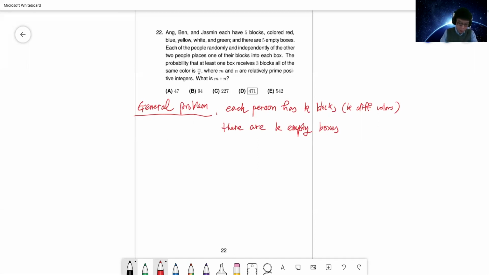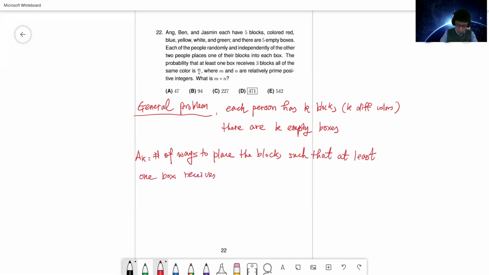Let me denote A_K to be the number of ways to place the blocks such that at least one box receives 3 blocks of the same color.